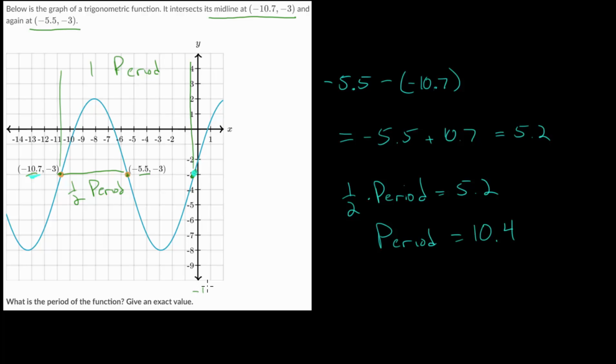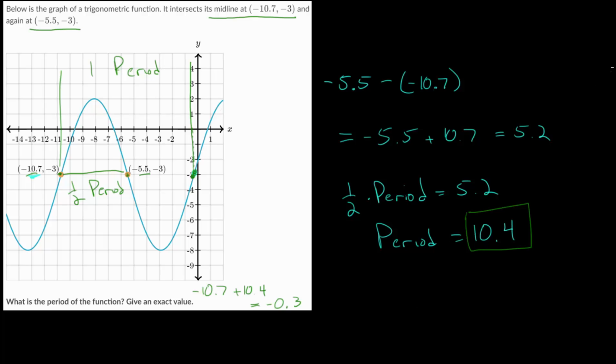So we take minus 10.7 and we add the period of 10.4 to that, and this gives us an x value of minus 0.3. And we can see that this point right here would very roughly have an x value of negative 0.3, which allows us to feel confident that this value we found for the period is correct.